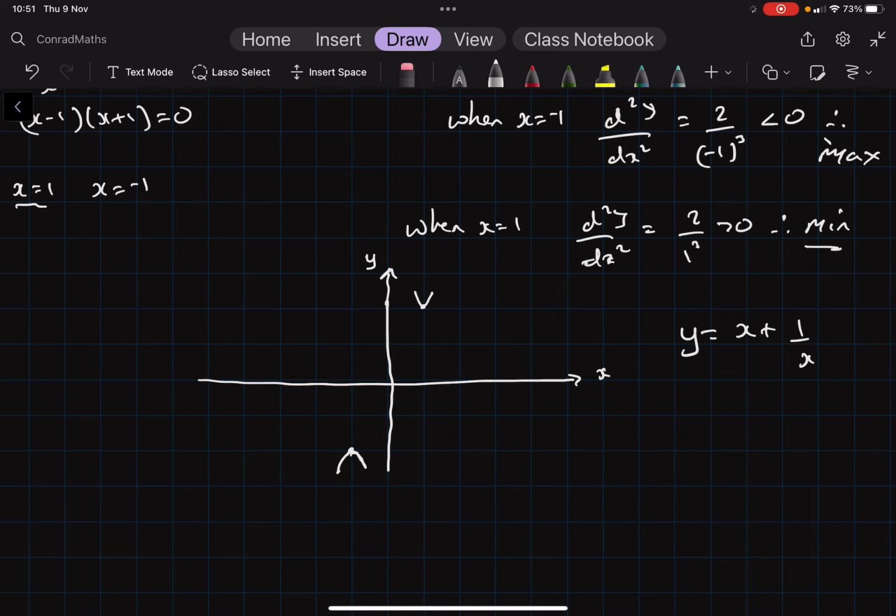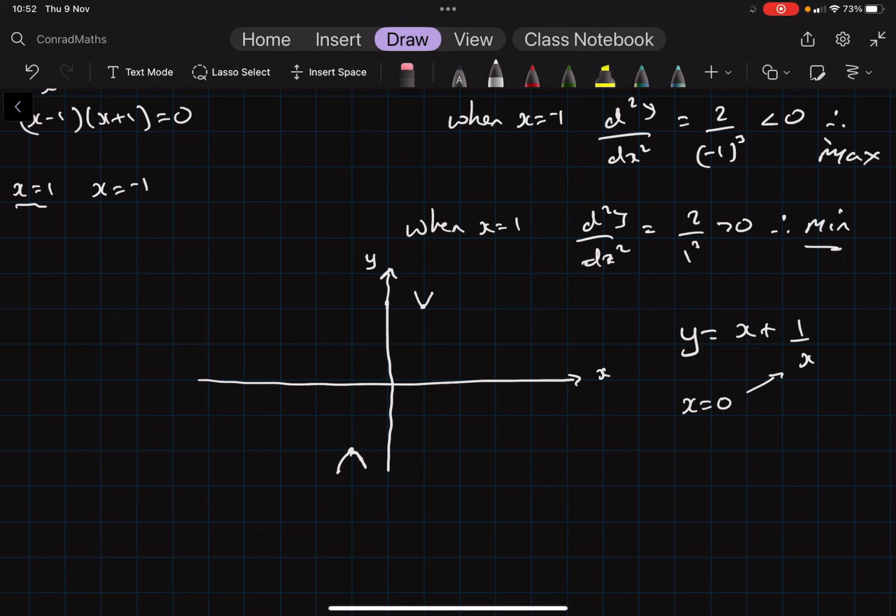Just to go back to the original curve, can you see that we can't ever divide by 0, so if x equals 0, we can't do that because it would be tending towards infinity.